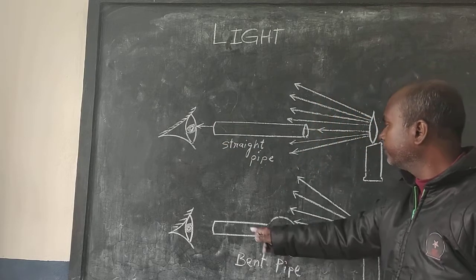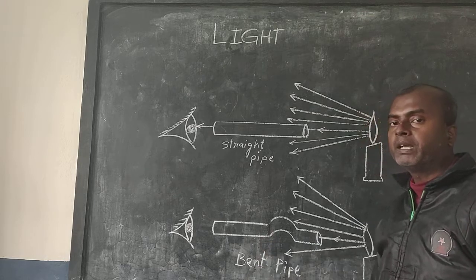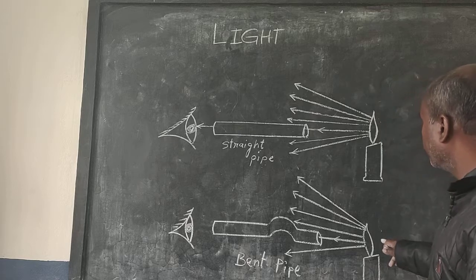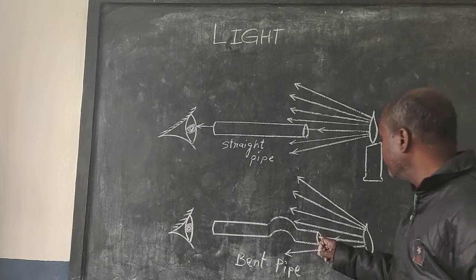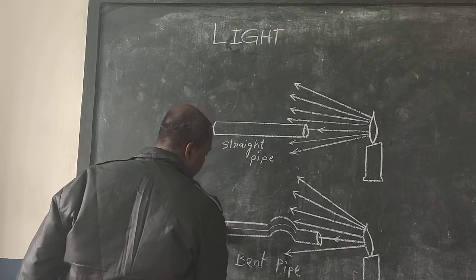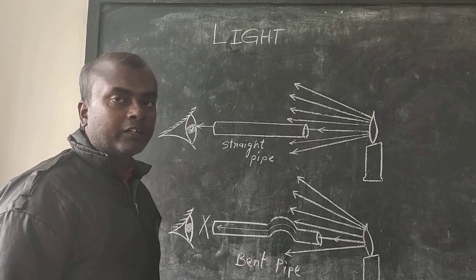Now what will happen if the person changes the pipe and instead of straight, a bent pipe is taken? See, here it is bent a little. Now what will happen? Will the rays of light go like this? Will it go straight, bend like this and again come this way? No. Light doesn't travel that way.